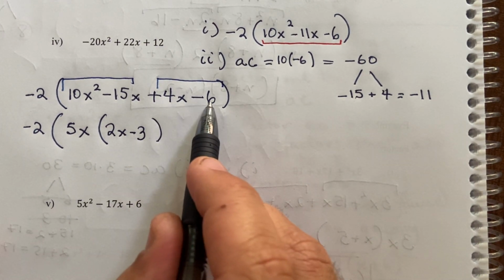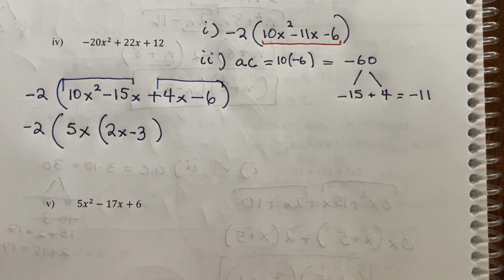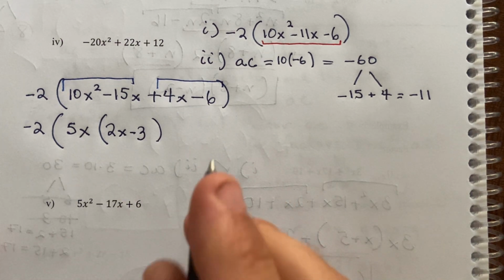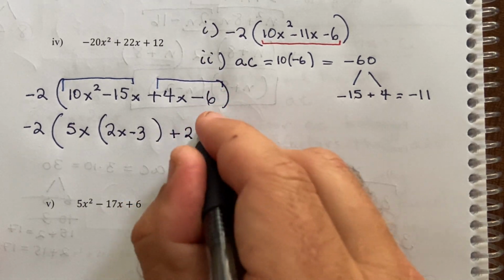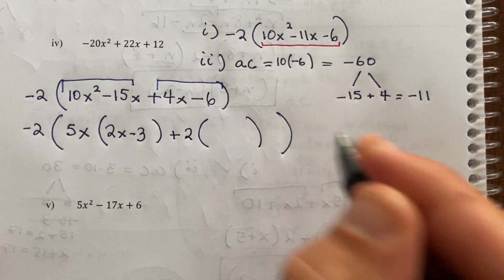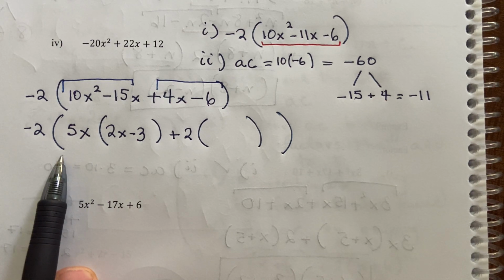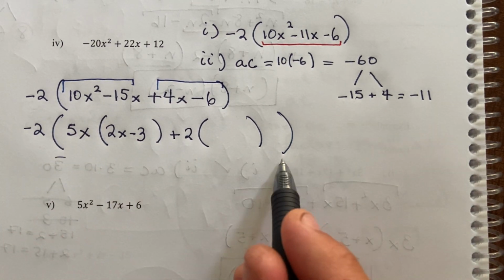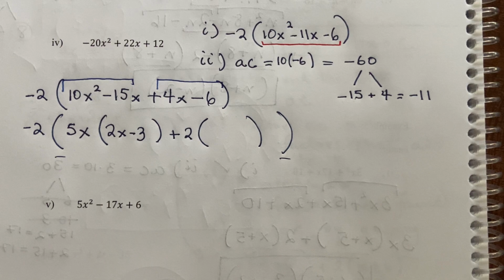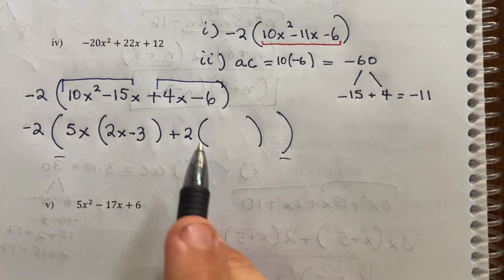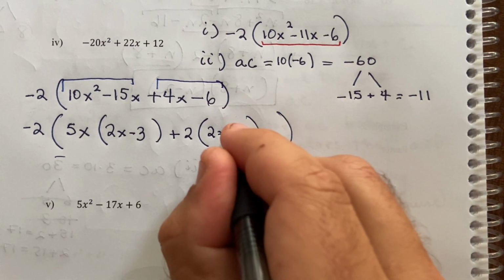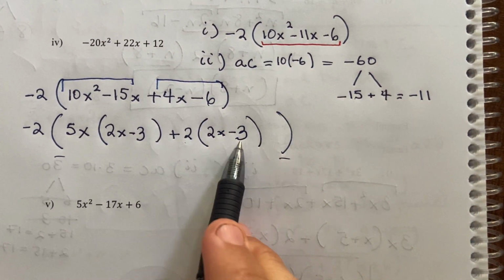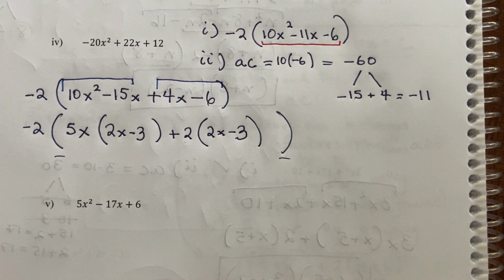Then move to your second grouping, factor out the commonality there. So plus 2 looks like all we can factor out there, and then I'll end these parentheses eventually. So this parenthesis matches with this one. So 2, leaving behind a 2x, surprisingly, -3, right? 2 times -3 is -6.